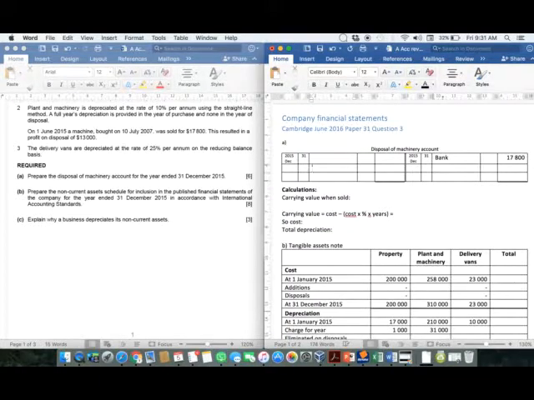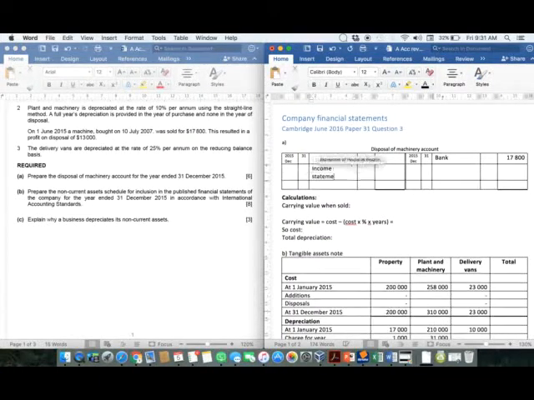In fact, you'd probably call it income statement, because you're doing a nice general ledger account, and that's where it would end up going. But if you want to for yourself, you can keep in mind that that is your profit of 13,000. And what that means is you can now work out that the carrying value when it was sold was the difference between those two. 17,800 minus 13,000 equals 4,800. That was obviously the carrying value.